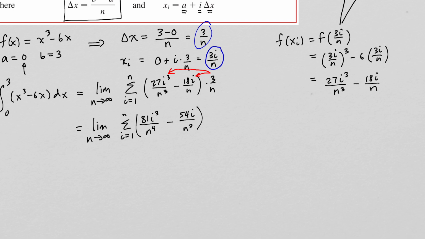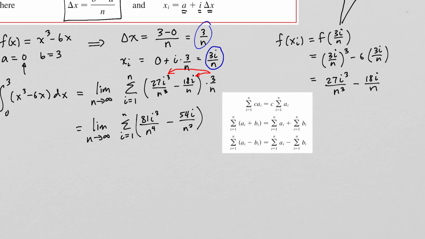Now I'm going to use some of those properties of summations. So this property right here says that if you have the sum of ai minus bi, you can take the sum of ai minus the sum of bi. So right here, I have the sum of this thing minus this thing. I can do separate sums on each of those.